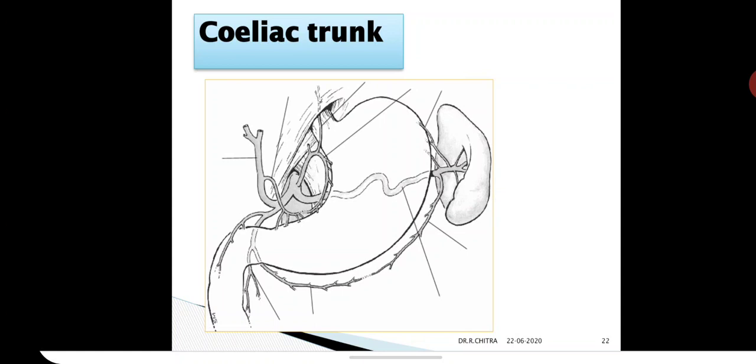The left gastric artery is a narrow vessel, which you can see just related to the left border of the stomach. The artery running behind the stomach is the splenic artery, which is tortuous, and the other artery on the right side is the common hepatic artery. These are the three branches of the celiac trunk.